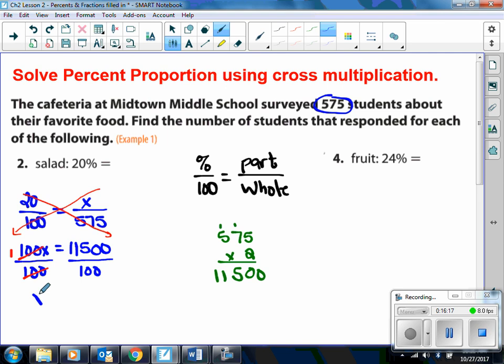So 1 times x is equal to x. And then on the other side, remember I told you about those zeros. Look, we can cross out 2 of the zeros. And what we end up with is 115. So 115 students liked salad best.